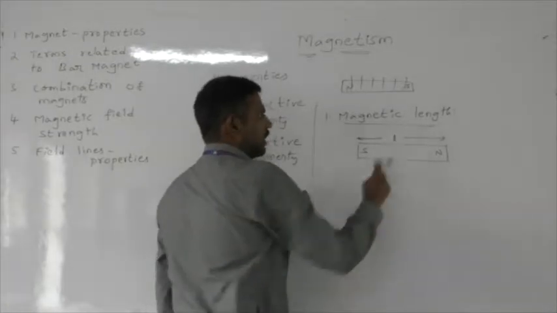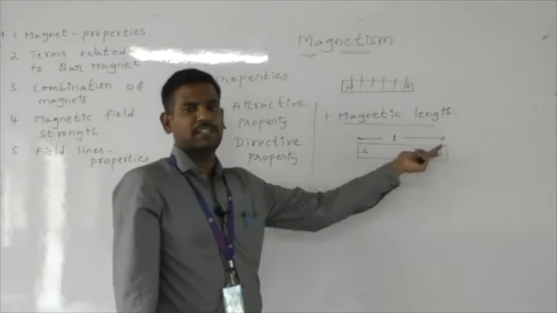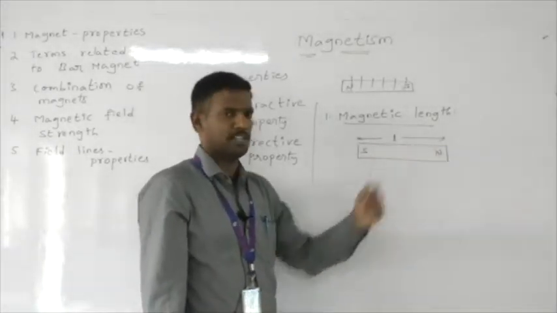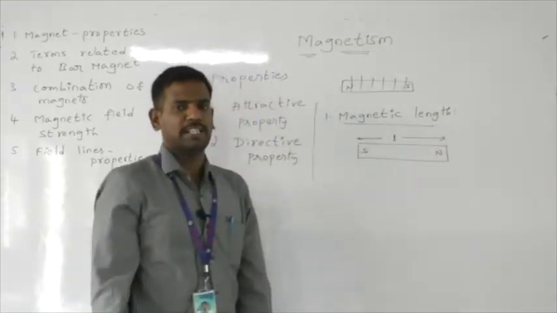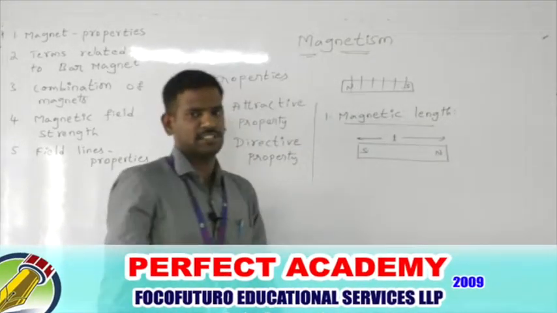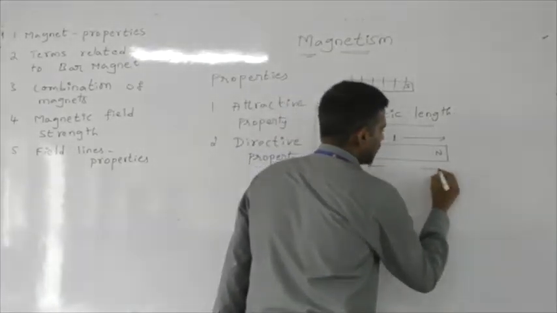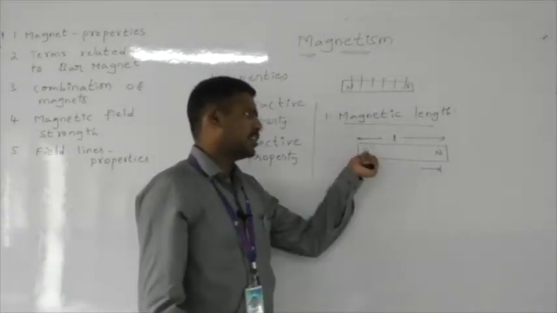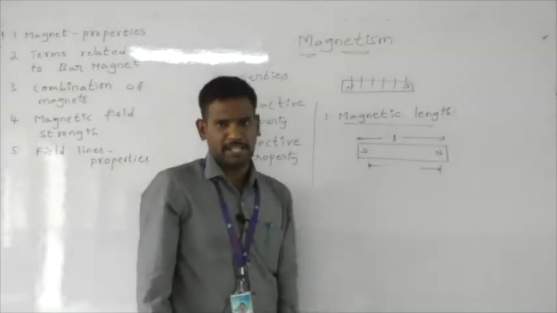Now this L will be called the geometrical length of a bar magnet. Geometrical length in the sense the actual length of a bar magnet, and this bar magnet has 2 poles, south pole and north pole. If this is the point where the south pole is concentrated, and here is the point where the north pole is concentrated, then the distance between the south pole and north pole inside the bar magnet, the distance between the center of the south pole and the center of the north pole, will be called the magnetic length.